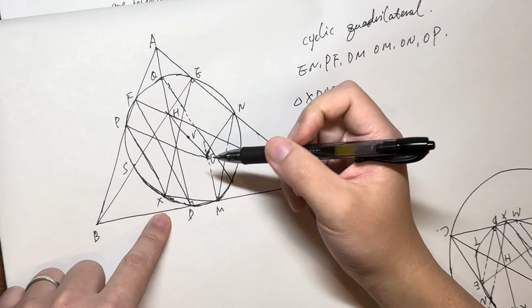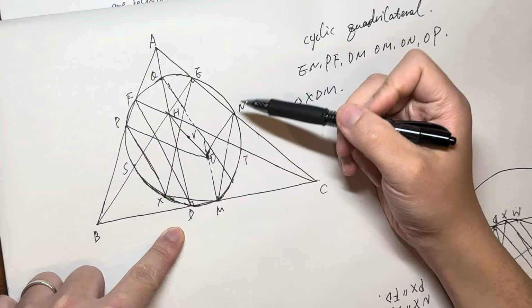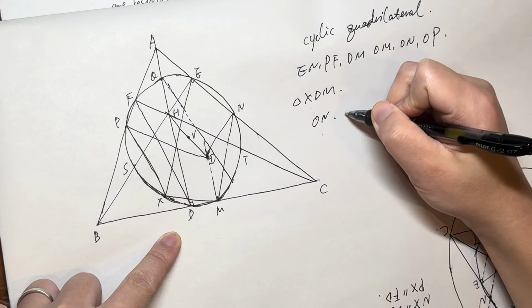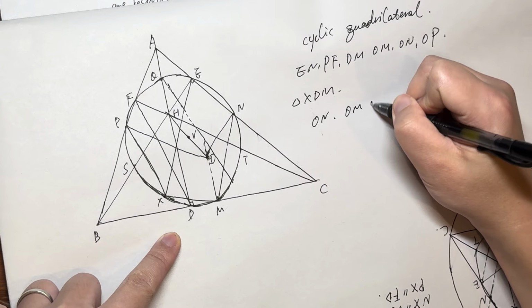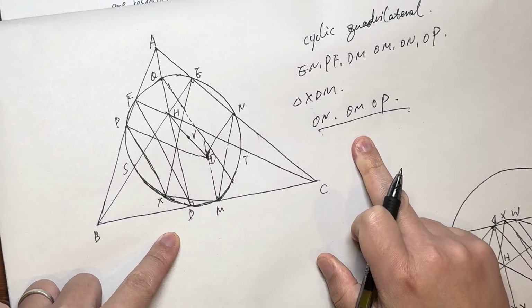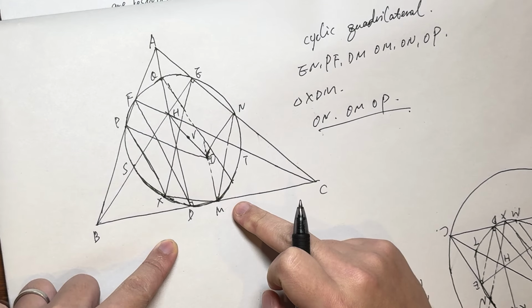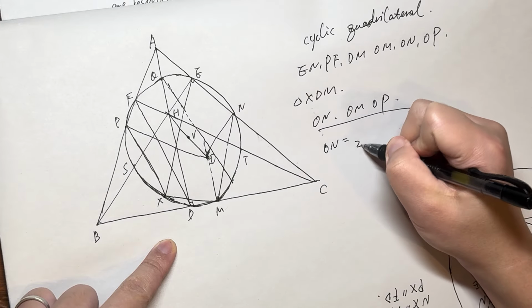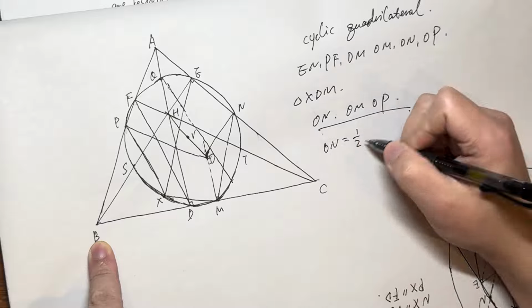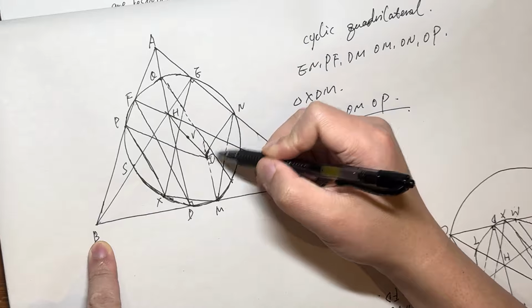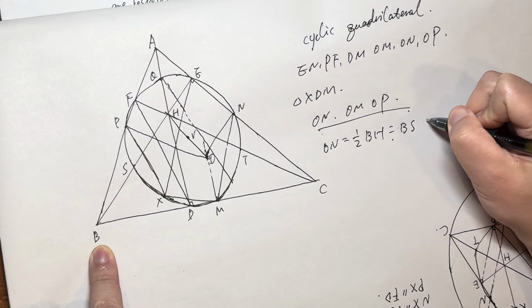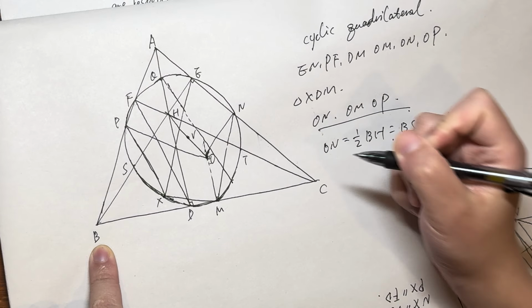Right? So we have the ON here, and we want to use the ON, OM, OP. The question is, how can we relate this to the 9-point circle? We already know that ON equals half of BH, right? ON equals half of the BH, which equals BS or SH.